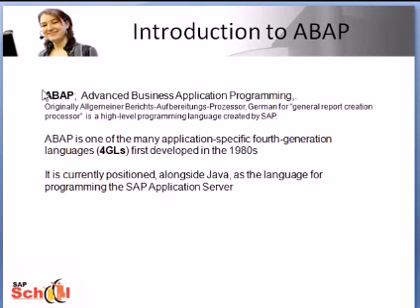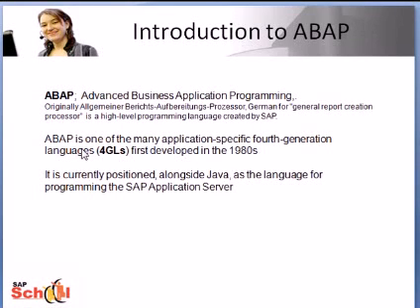So ABAP is essentially an abbreviation and stands for Advanced Business Application Programming. It originated in Germany and was originally called something else in German, but then SAP changed the definition of ABAP to Advanced Business Application Programming for a wider adoption of it.